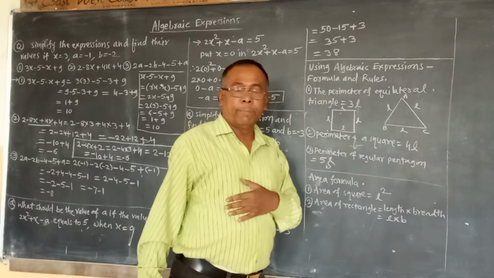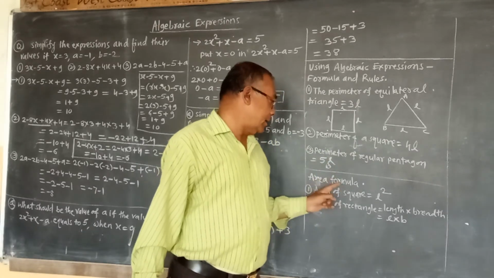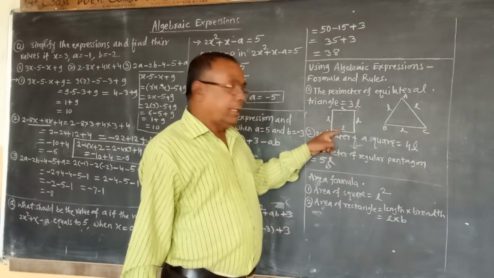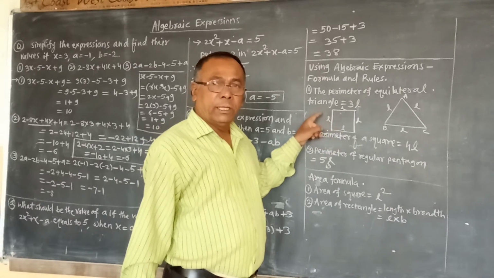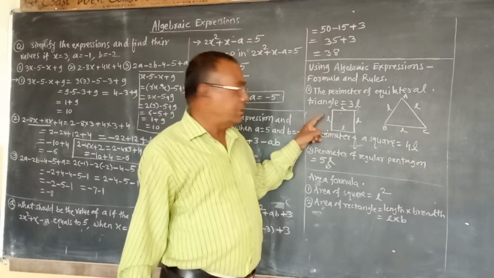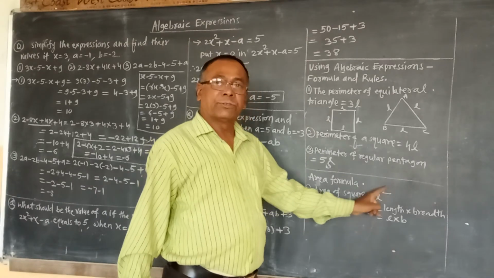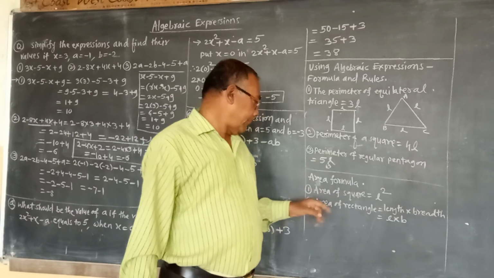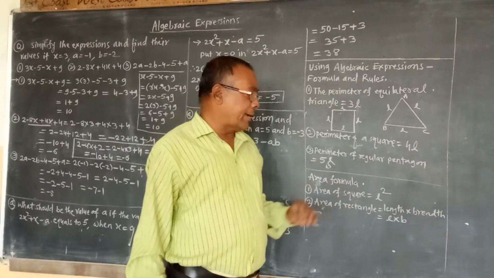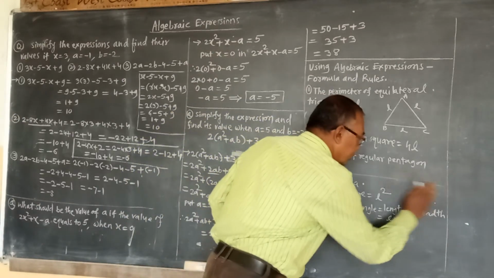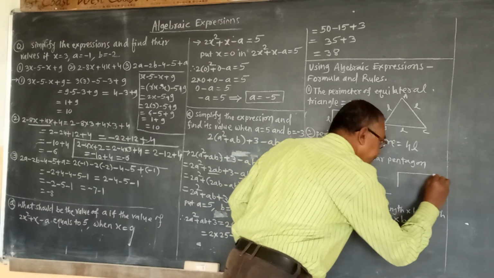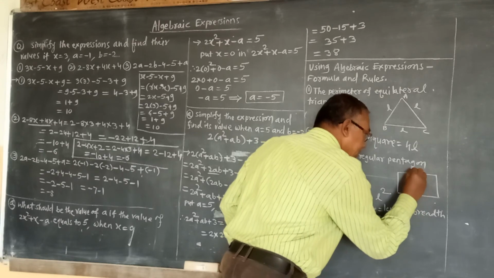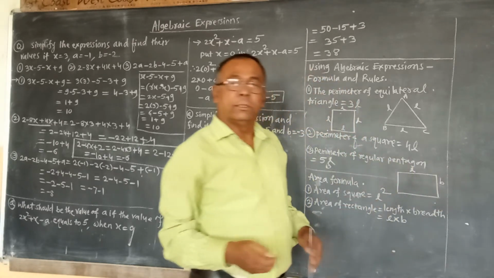And now we will see the area formula, that is area of a square. Here the multiplication of the length of the adjacent sides, that is here into here it will be L square. So area of the square is equal to L square. And area of rectangle, here if we draw the figure of the rectangle, let L is the length and B is the breadth.